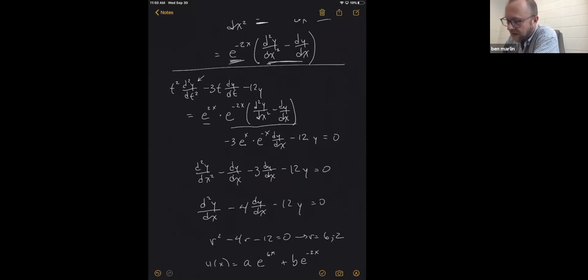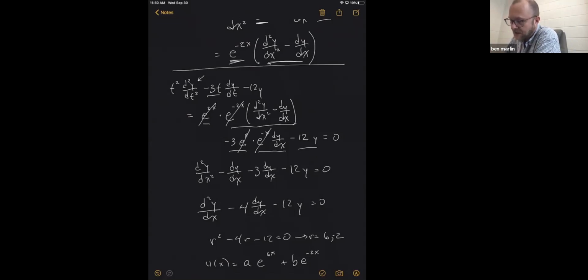And then I have minus 3t, which will be minus 3 e to the x. And the dy/dt we said was dy/dx times e to the minus x. And then as a last little bit here, the minus 12y, which is just going to be minus 12y, okay? But notice we had an e to the 2x and an e to the minus 2x. We had an e to the x and an e to the minus x.